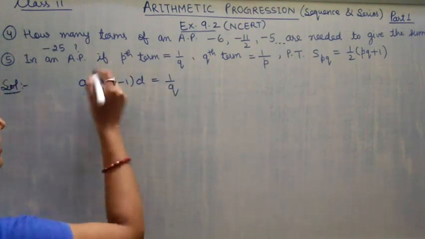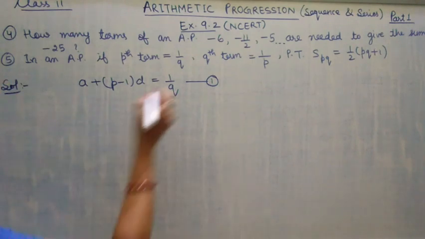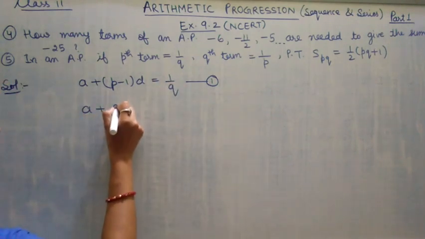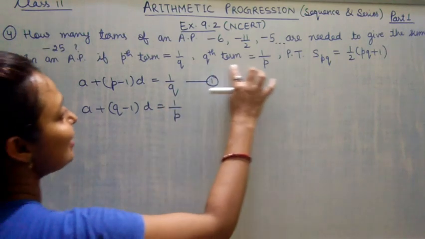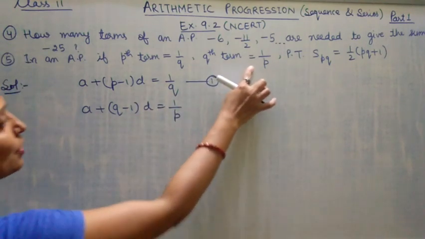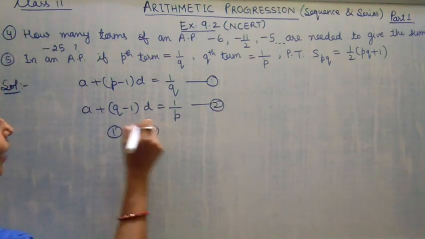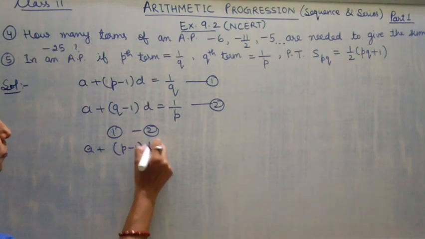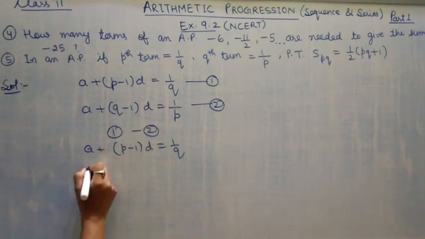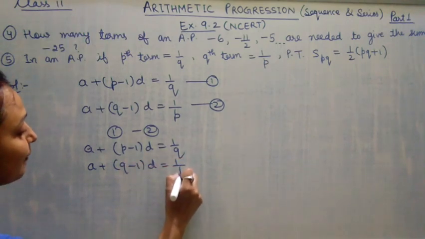The second is the qth term: a + (q - 1)d equals 1/p. This is equation 2. I will subtract 2 from 1.